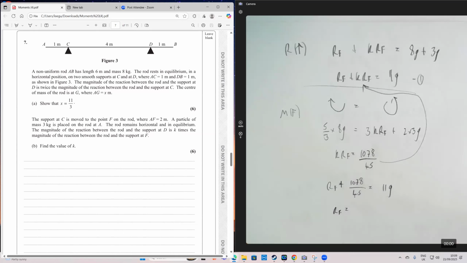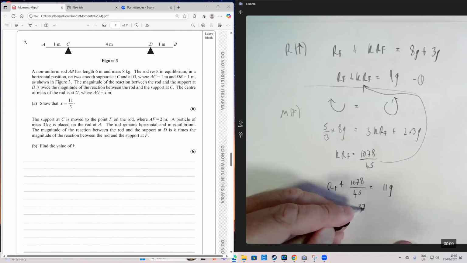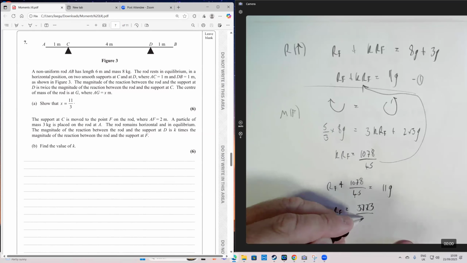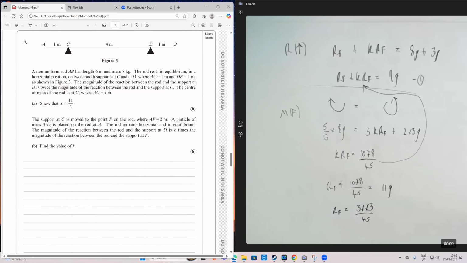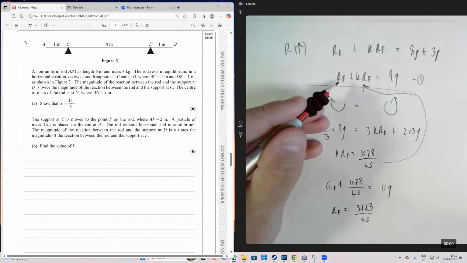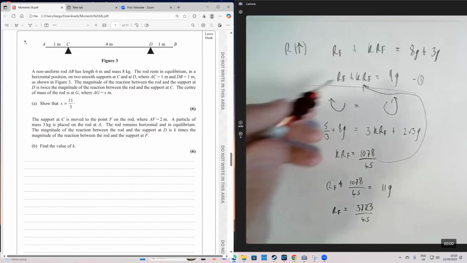So we're going to do 11g, so 11 times by 9.8 minus our 1078/45 gives us that RF is 3773/45. And now finally, I'm going to take that value and sub it into this equation here so that we can now find out what K is.